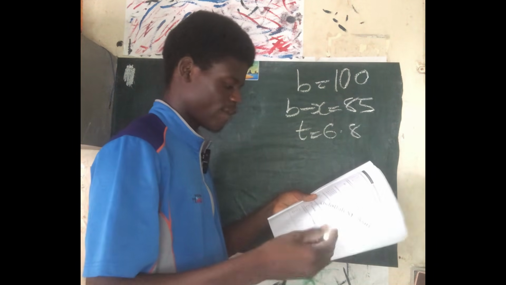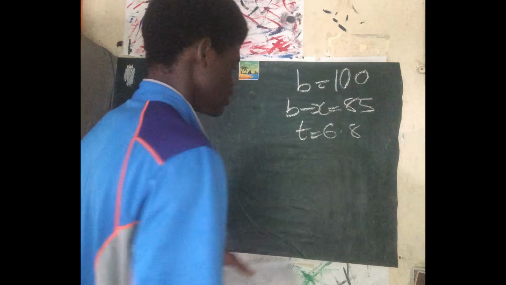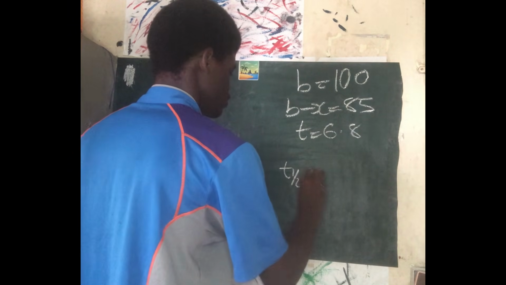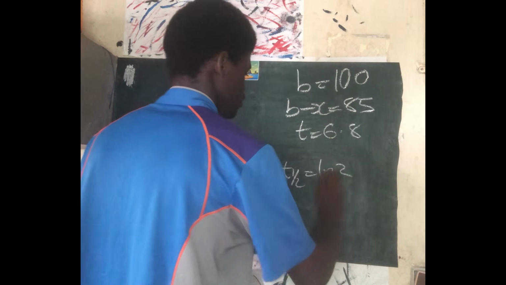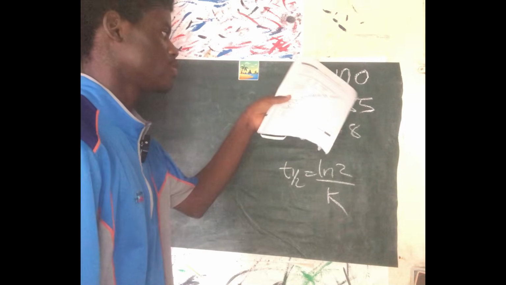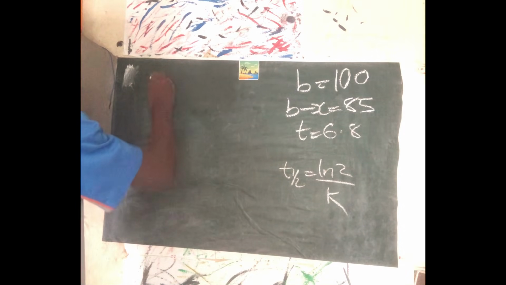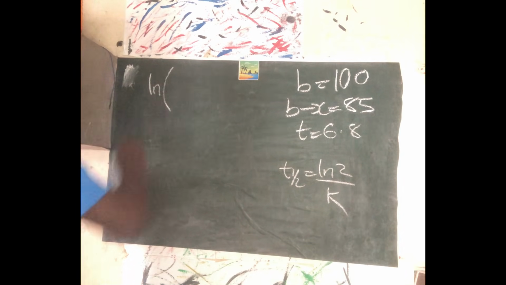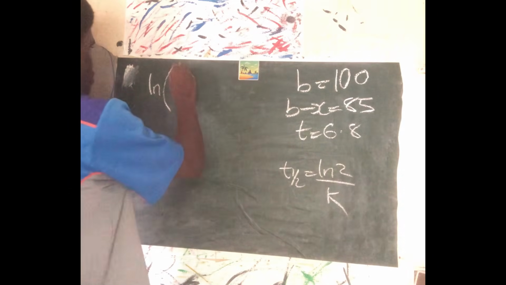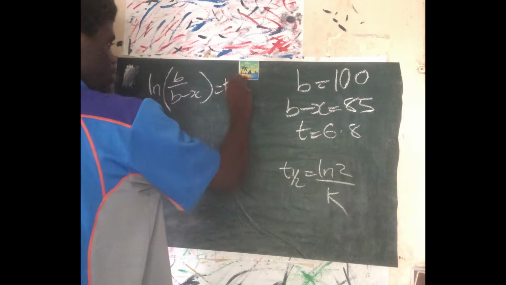Now, what is the half-life of cyclopropane at 760 Kelvin? The half-life for a first order reaction is ln 2 over k. But we don't have k, so we have to find k using the information given. From the information given, we have to use the integrated rate law for a first order reaction: ln b over b minus x is equal to kt.